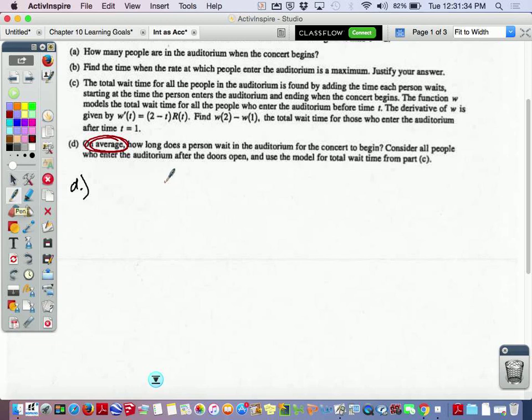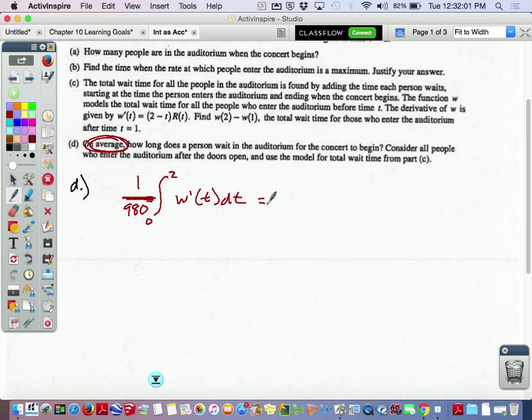We are actually going to take our total wait time, which we got from the previous answer, from 0 to 2 of W prime of t, and we're going to divide that by our total number of people who entered the auditorium. So we have to actually use the number from part A. So we're going to multiply this by 1 over 980.